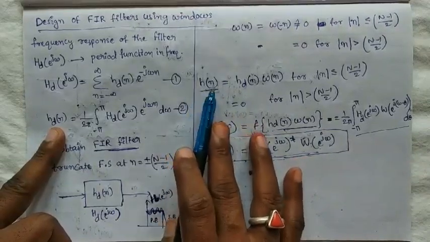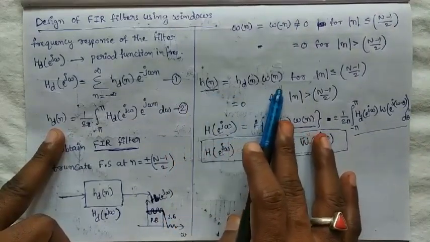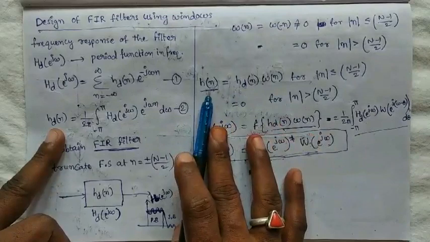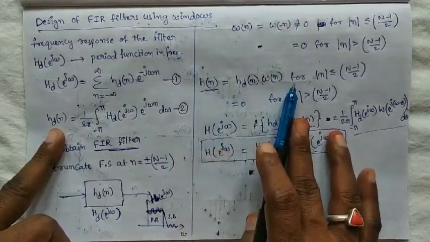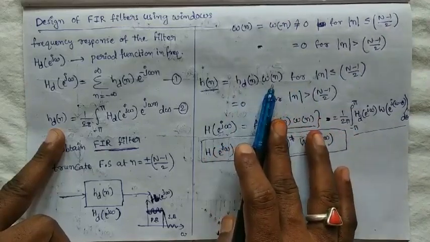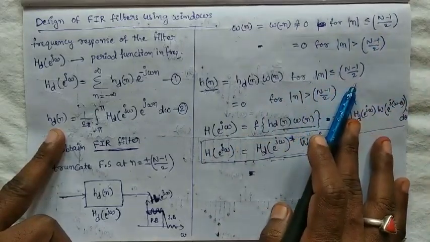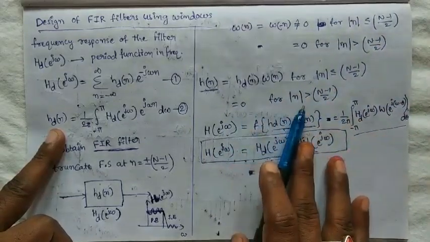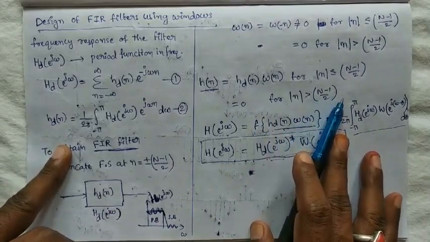H of n is equal to HD of n into W of n. That is, H of n is equal to HD of n times W of n for mod n less than or equal to capital N minus 1 by 2, and equal to 0 for mod n greater than capital N minus 1 by 2.